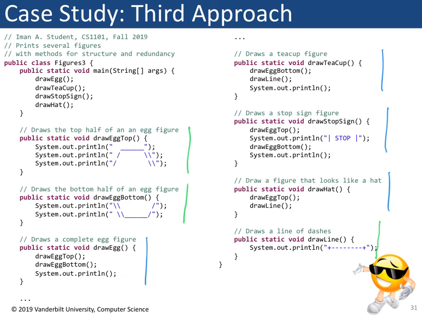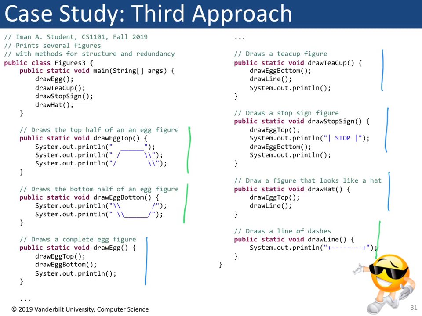So you look at the main and you see draw egg, draw teacup, draw stop sign, draw hat. This is immediately readable and you intuitively understand what this program is doing. Then to understand how it accomplishes that, you can simply look at the draw egg method. Okay, draw egg. Okay, this is readable as well.